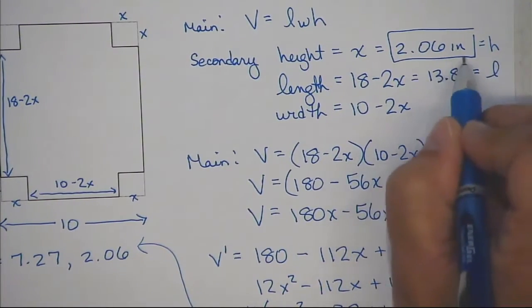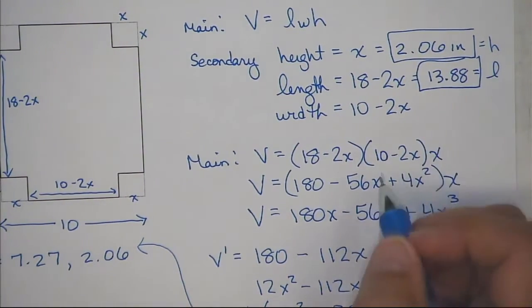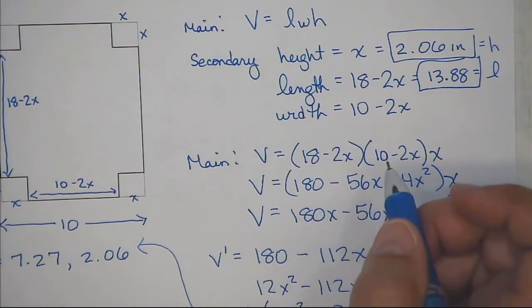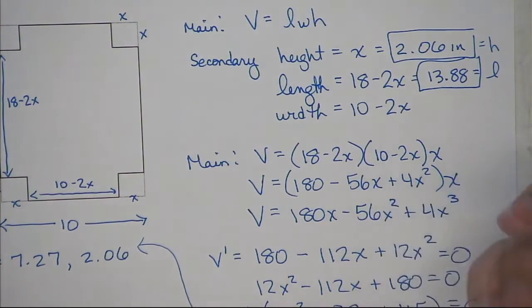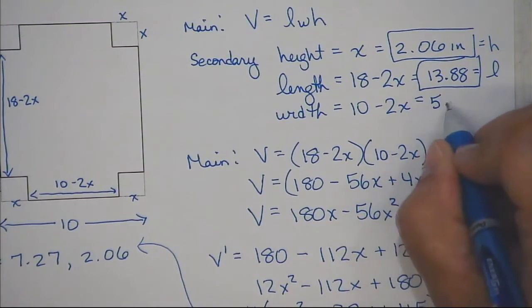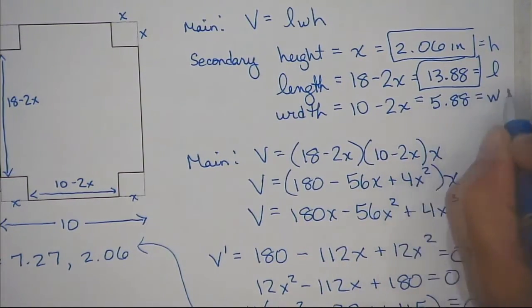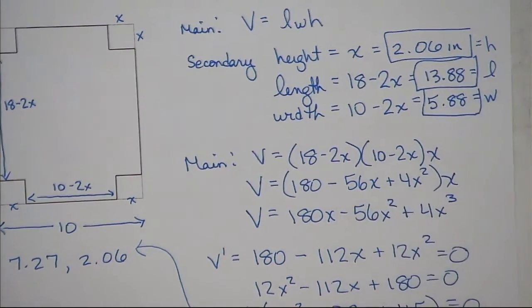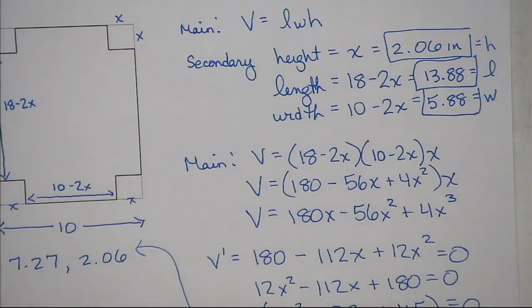So there's the length. And then 10 minus 2 times 2.06, 5.88. Okay? All right, so there's our 3 dimensions that it asks us to find. So usually your answer goes back to the secondary equation. Somewhere back there, you got to plug that answer in and work it out.